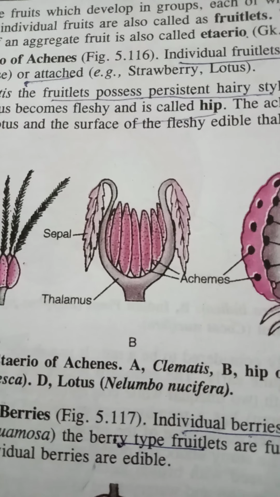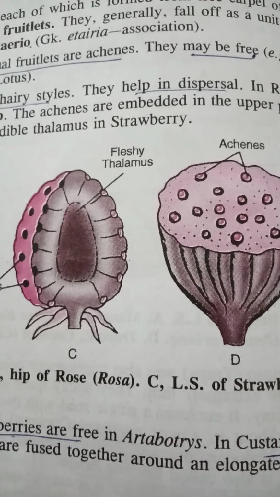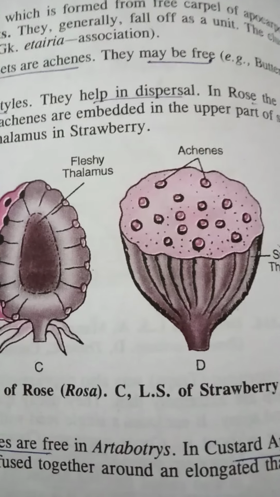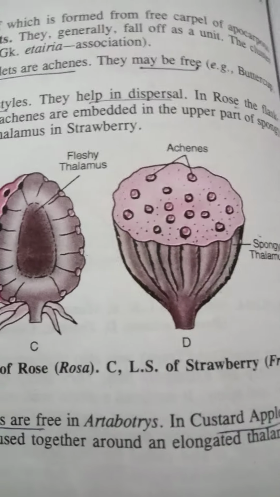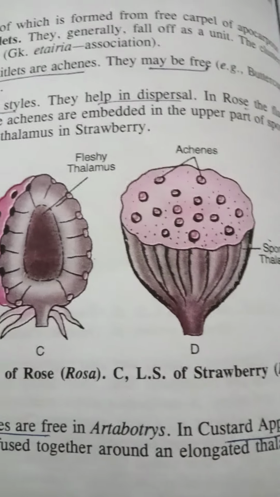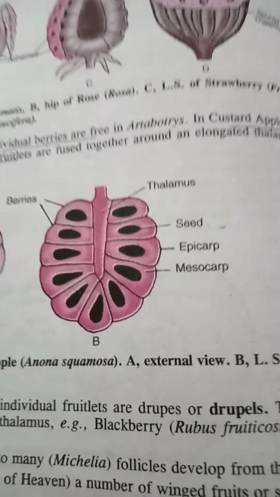Then next is the etaerio of berries, observed in case of custard apple. Etaerio of drupe, observed in blackberry. Etaerio of follicle means whatever we have studied in simple fruits, they aggregate together and form the etaerio. Then etaerio of samara. So all these are the different types.